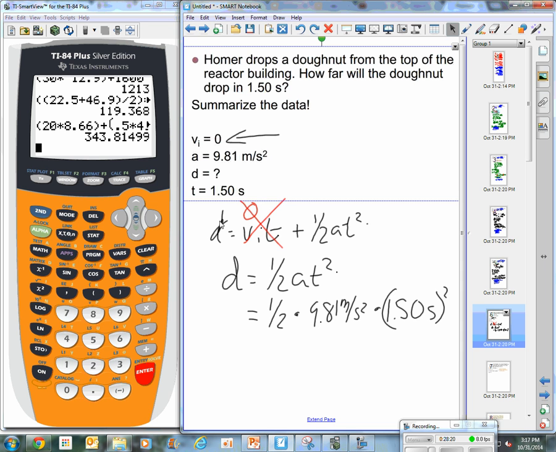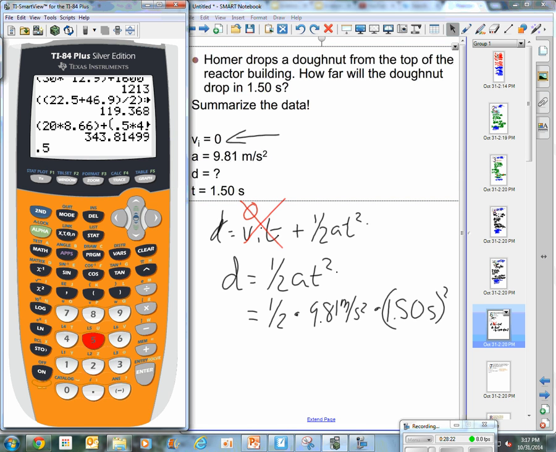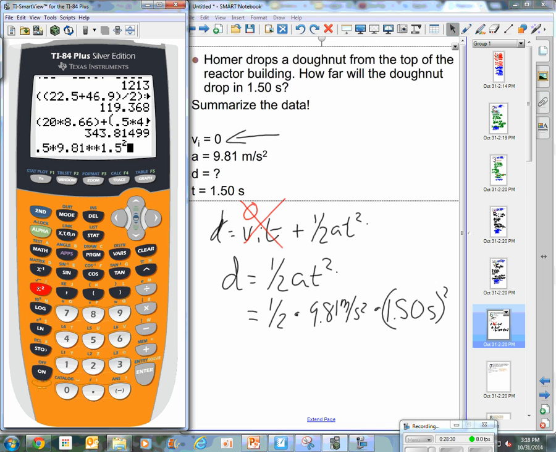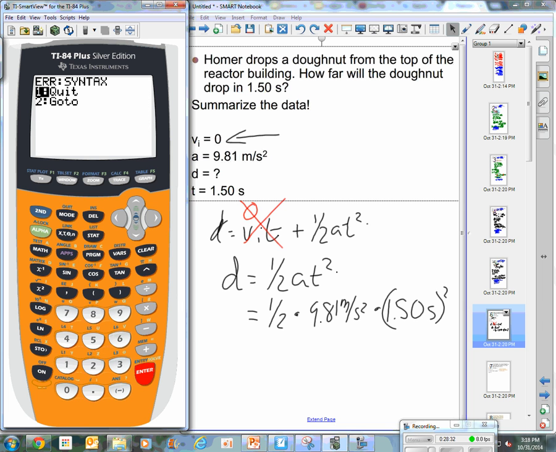So in my calculator, I'm going to do 0.5 times 9.81 times 1.5 squared. Enter. Oh, what did I put in wrong here? Oh, sorry. Delete. There we go. 0.5 times 9.81 times 1.5 squared. Enter. There we go.